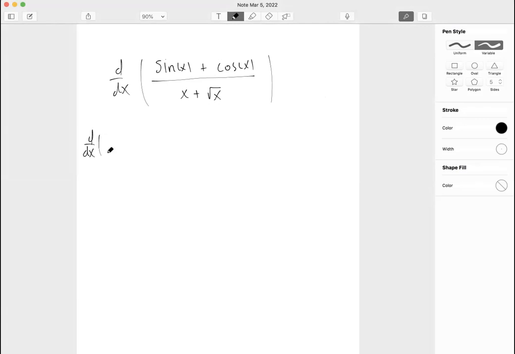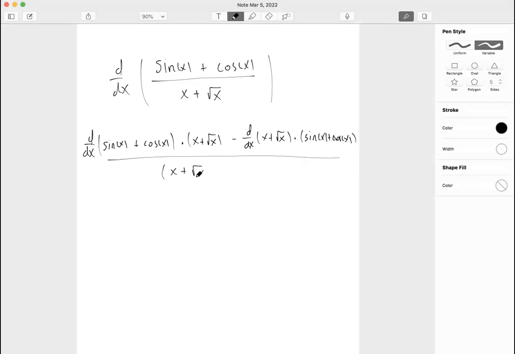So let's take the derivative of the numerator times the denominator, minus the derivative of the denominator times the numerator, and then divided by the denominator squared.